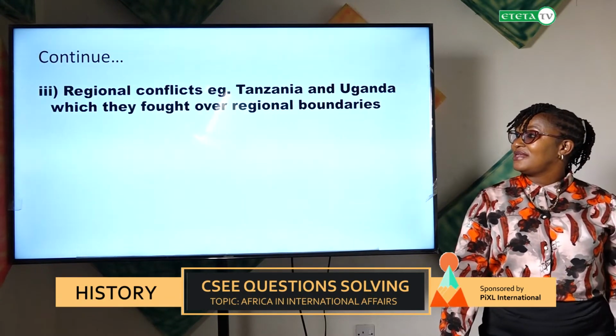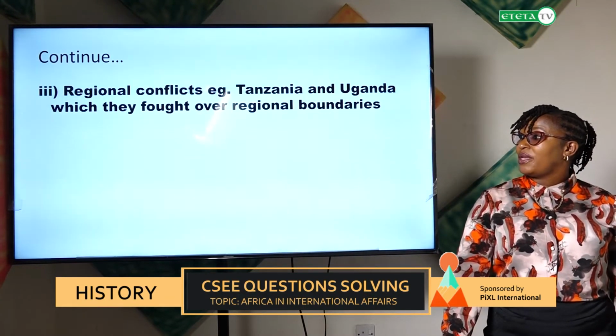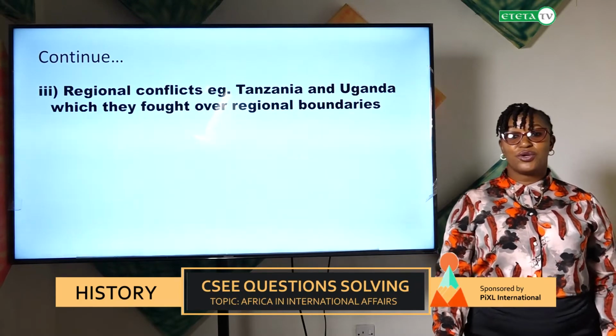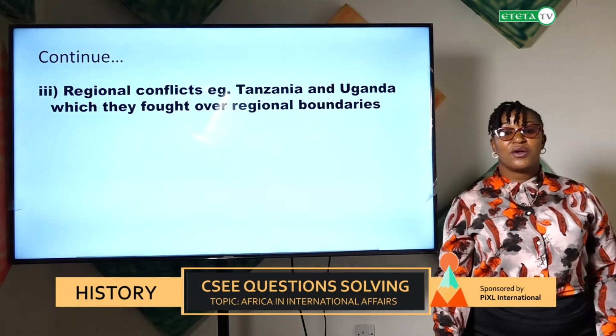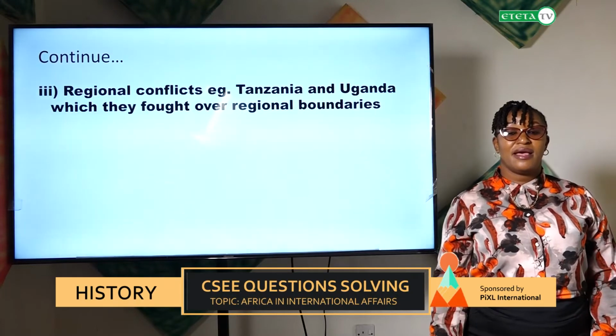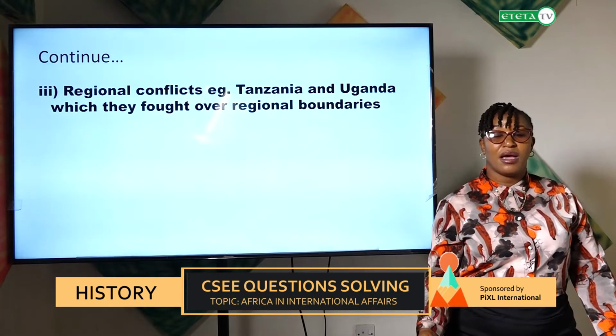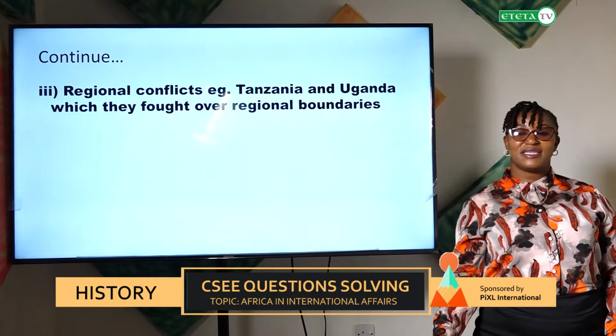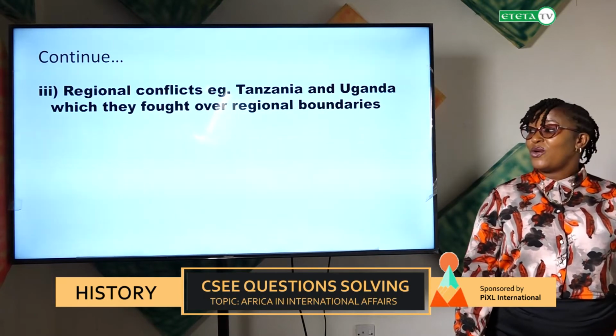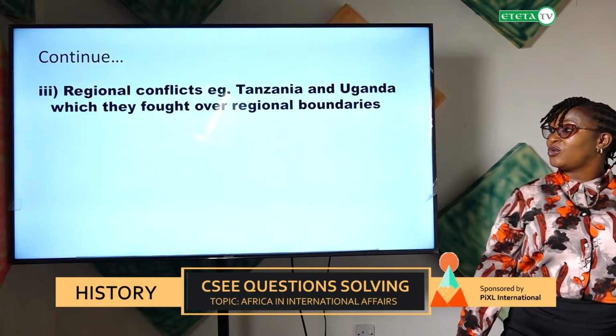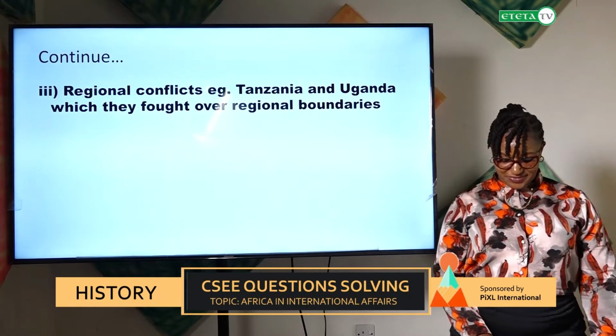Point number 3 is regional conflict. Under this we mean the conflict that occurred between Tanzania and Uganda between 1978 and 1979, whereby they fought over regional boundaries.